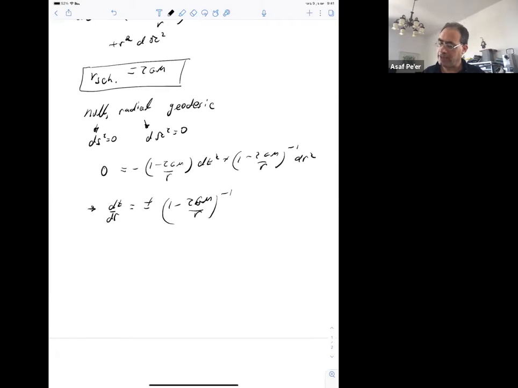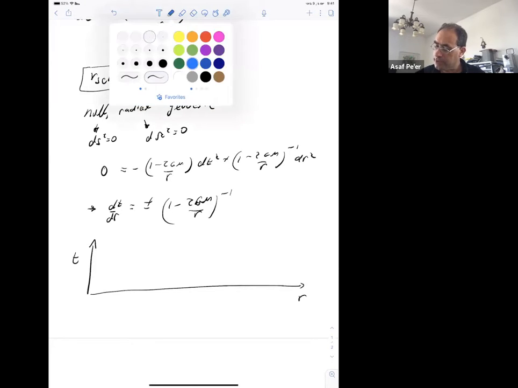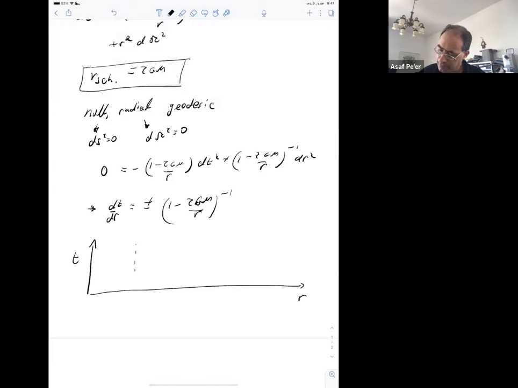So if we look at the light cone, right? This is t and this is r. If we look at the light cone of an object far away from this special radius, 2GM over c squared, then the light cone would just be plus minus 1.